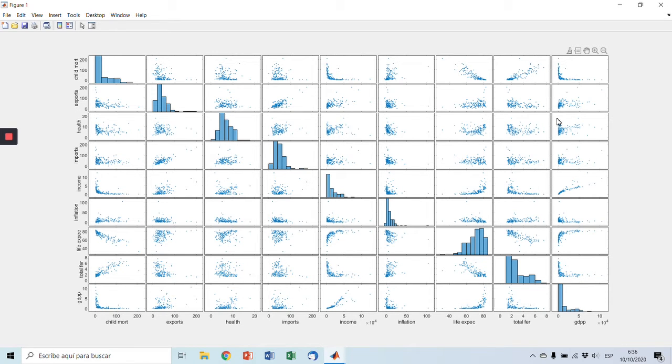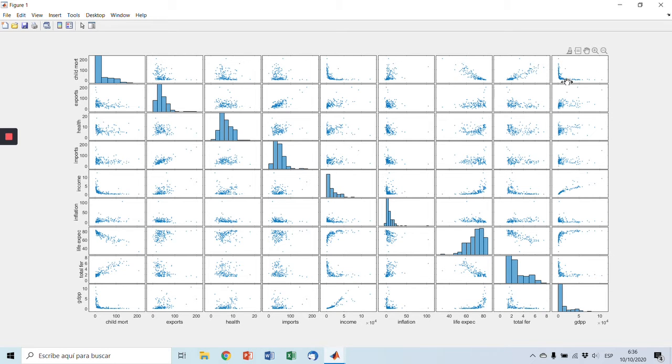And with the total fertility, this is a very interesting relationship because it might explain why some countries have such high fertility. One of the reasons might be that many of the children die at very early ages. So when the child mortality is high, total fertility is also high.